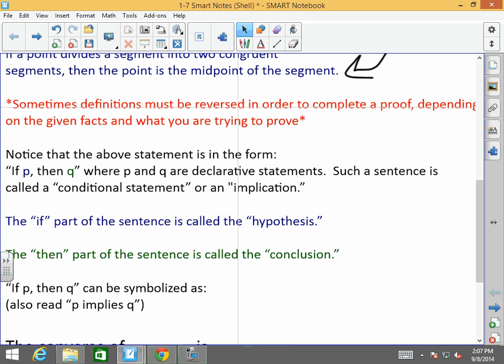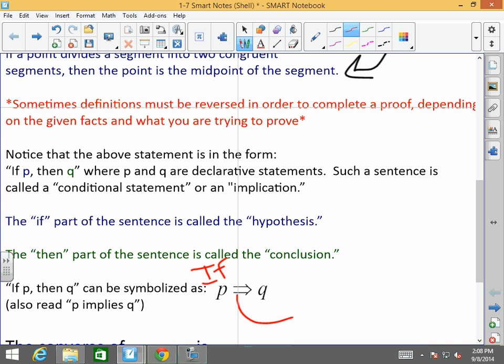But I can symbolize that with this: P, and I call it a double arrow Q. If you ever see this on a question, on a quiz, on a test, on an SAT where you're going to see it sometimes, please note that all this means is that if P, and then this arrow is the then Q. Does that make sense? You with me here, guys? Yeah? Okay.